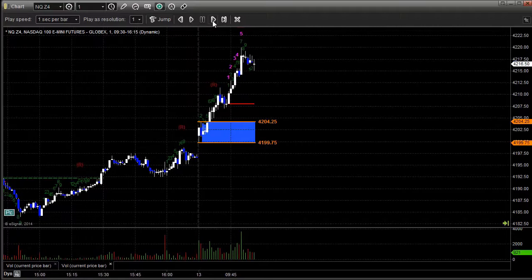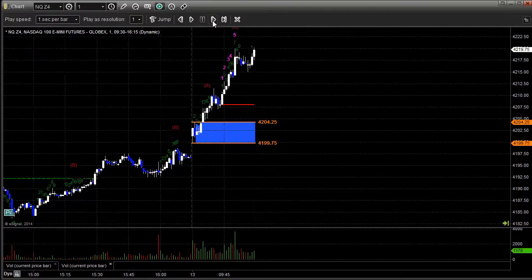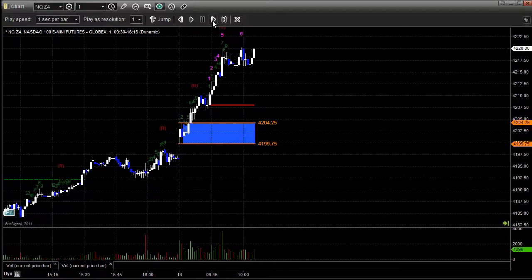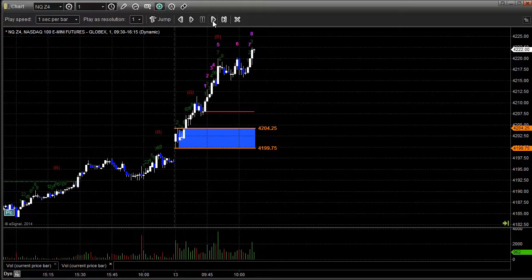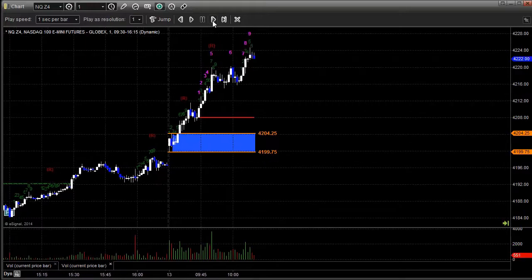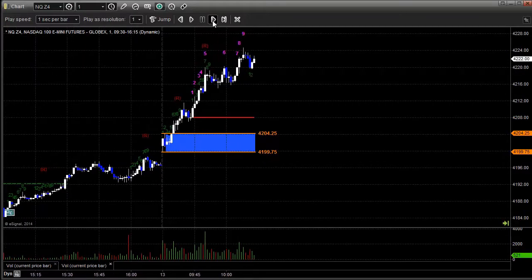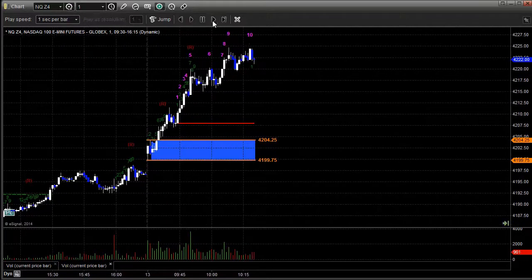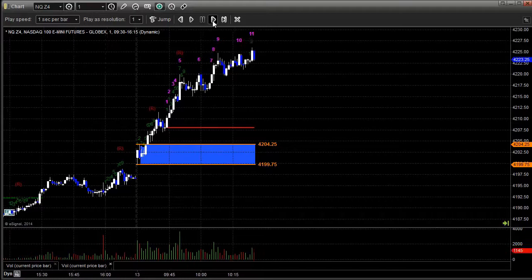Now we're sitting at bar 5, kind of pause for a few minutes, and as we start to make new highs, there's bar 6. You're going to need new highs each time to get a new numeric count. So here we are at 8, 9, still holding, 10, 11.